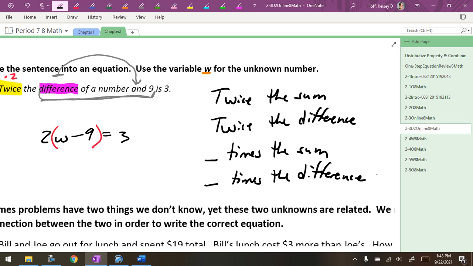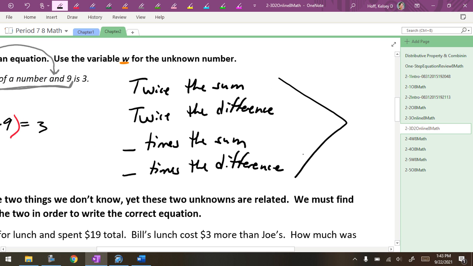Well, order of operations, we don't normally add or subtract first. So if you see any of those phrases, an alarm better go off. You need to have parentheses. Twice the sum, twice the difference, or 7 times the sum, 7 times the difference, whatever the case is, you have to have parentheses.